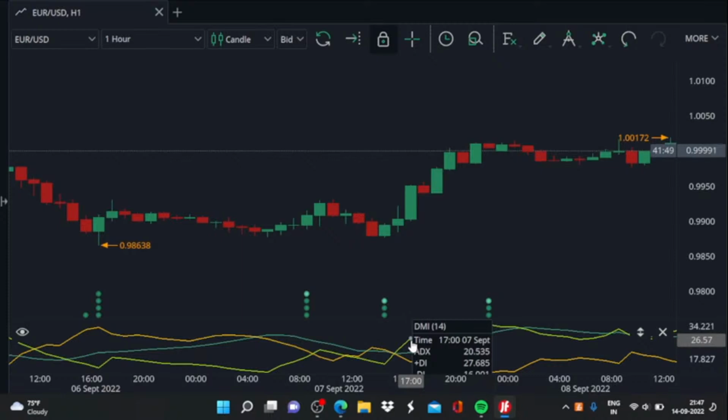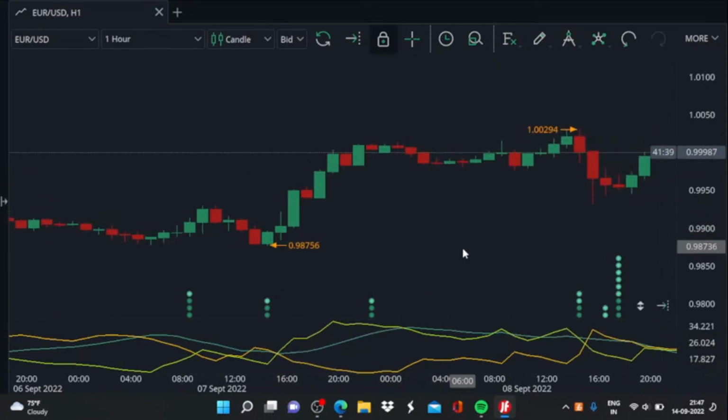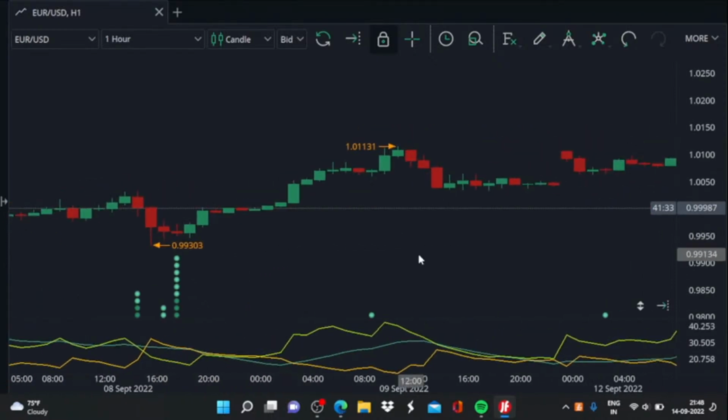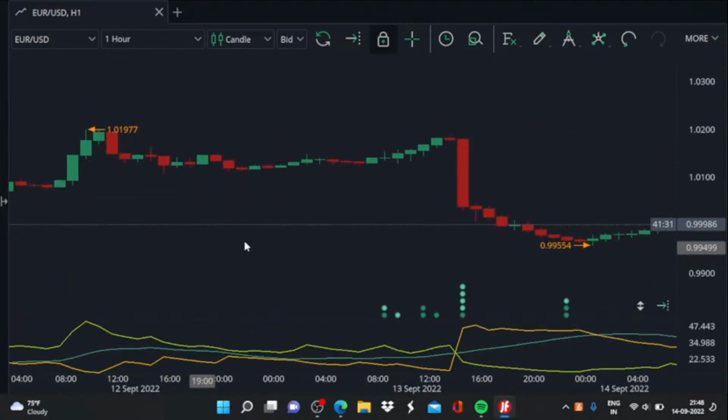And similarly, for the sell trade, we can utilize the negative directional index value. If we have the negative directional index value moving above 25 and on the rise, then we can consider the opportunity arising in the price dynamics to be appropriate for shorting. So both ways we can trade using this indicator.